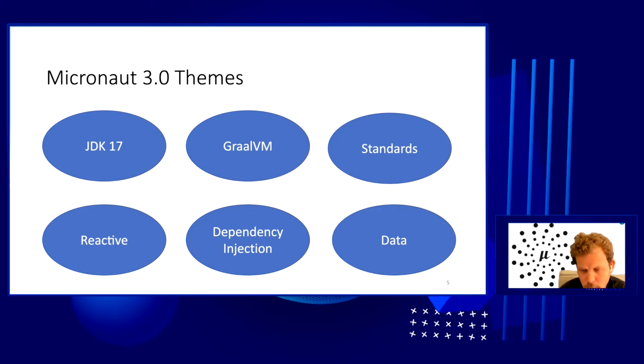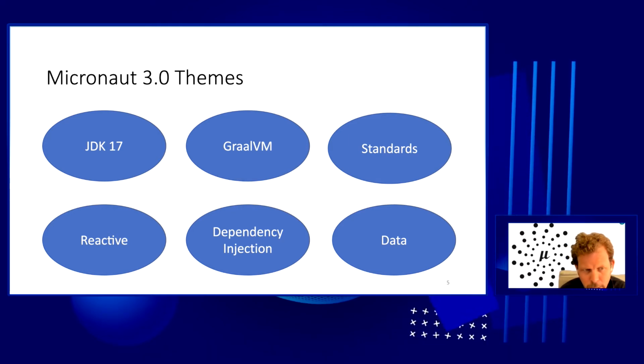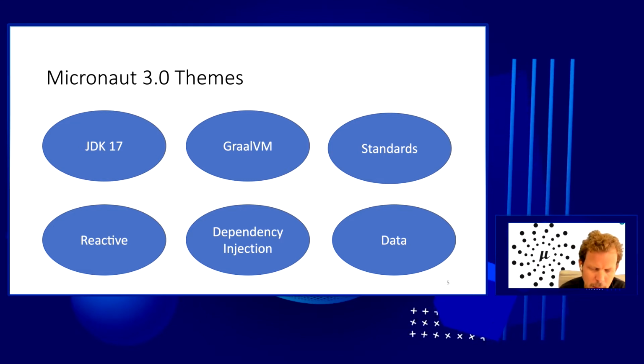And in addition to that, with Micronaut Data improving a lot, we have support for R2DBC for building reactive applications. And one final aspect of Micronaut 3 is many different improvements to dependency injection.